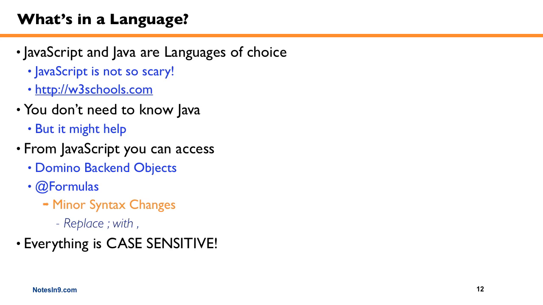So you already know what those are. You can use @formulas with minor syntax changes. You already know what the @formulas are. So with @formulas and the backend objects, server-side JavaScript looks a lot more like Lotus script than you might think. But you do have to watch out because it's JavaScript and everything is case sensitive.